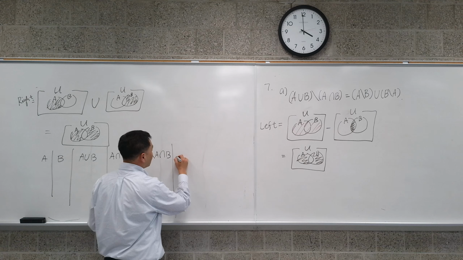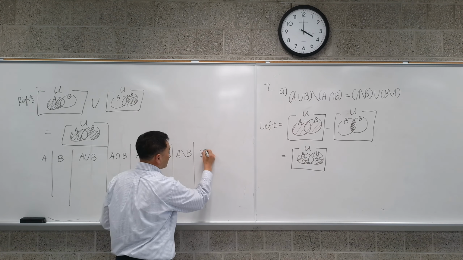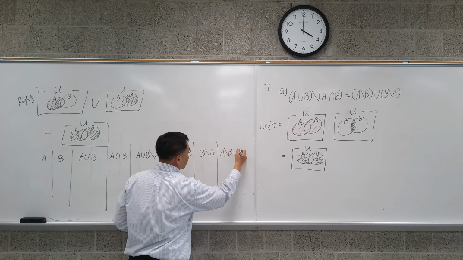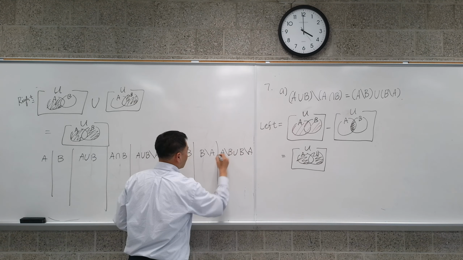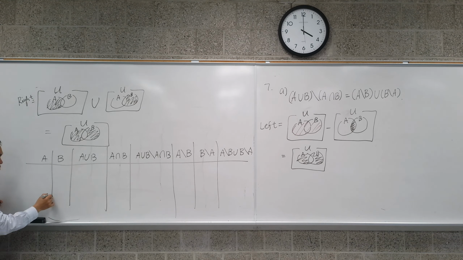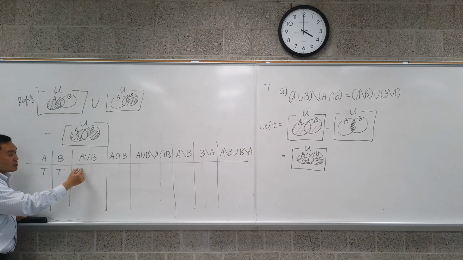And then A subtract B, B subtract A, and the union of those. And then you assume, for example, there's an element in U that belongs to A and also belongs to B. In that case, does that belong to A union B? Yes, right?